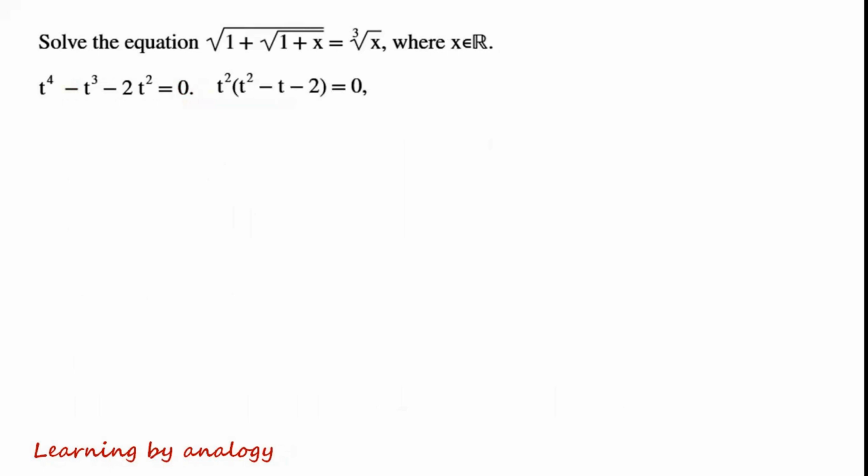We can see that there's a factor of t squared. So we can write t squared times (t squared minus t minus 2) equals 0.